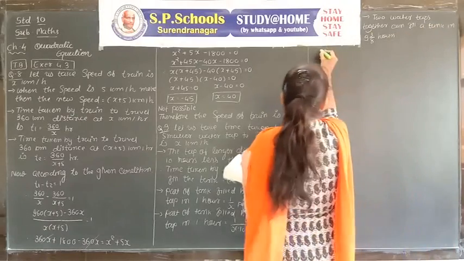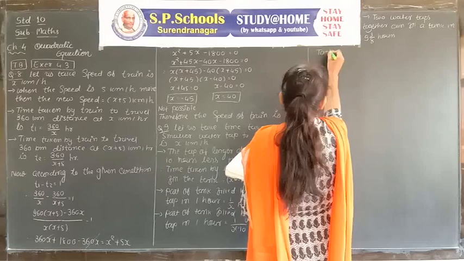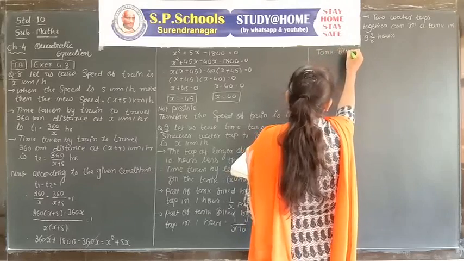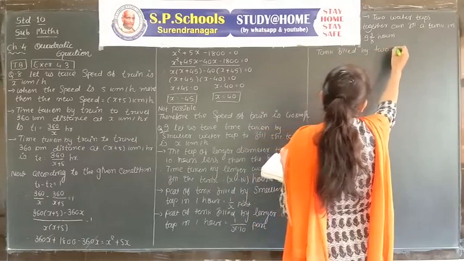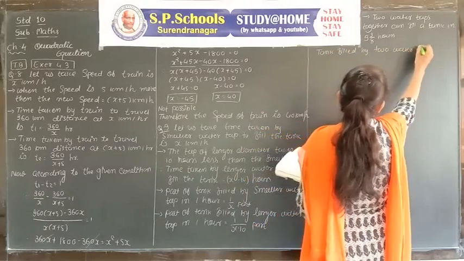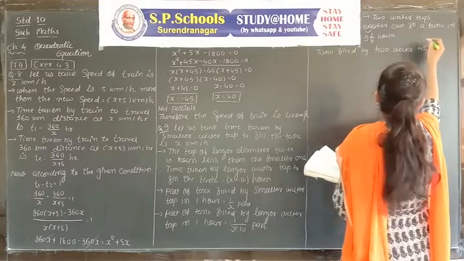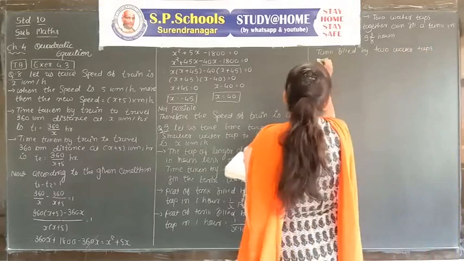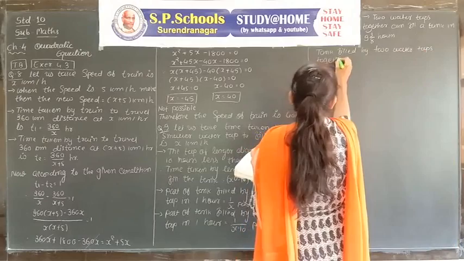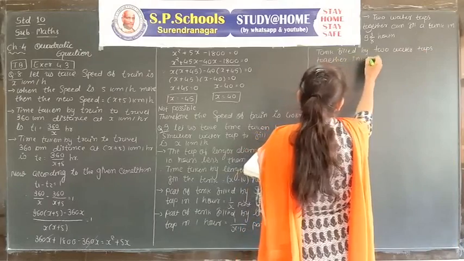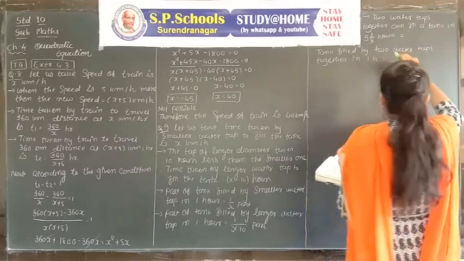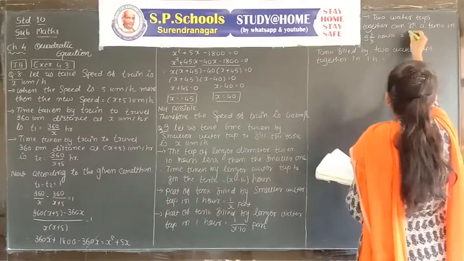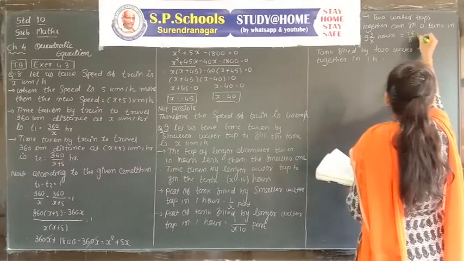Therefore, the tank filled by two water taps together in 1 hour: 9 integer 3/8 means 75/8 hours.